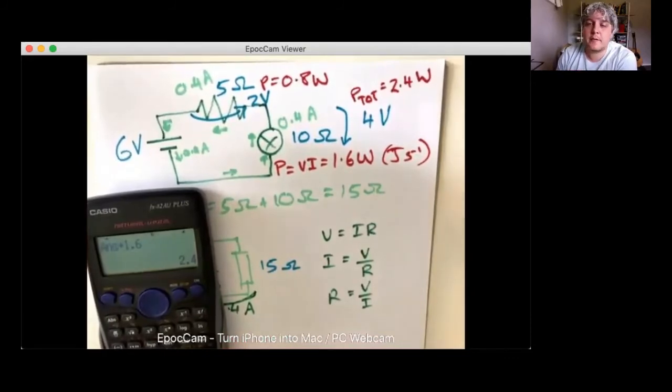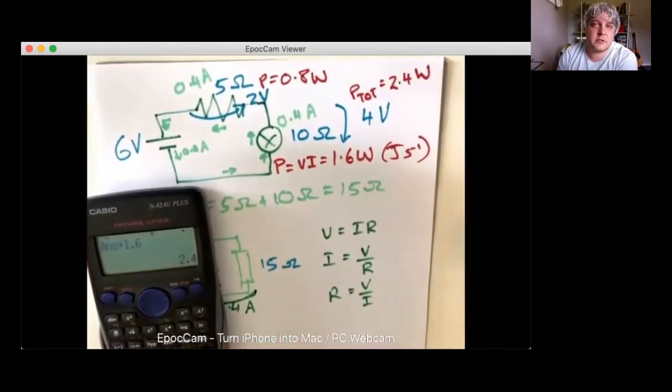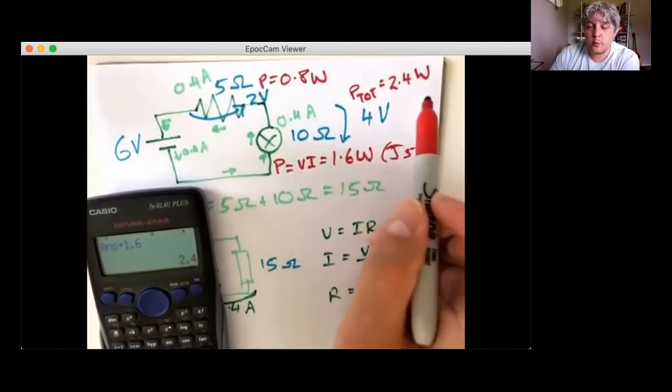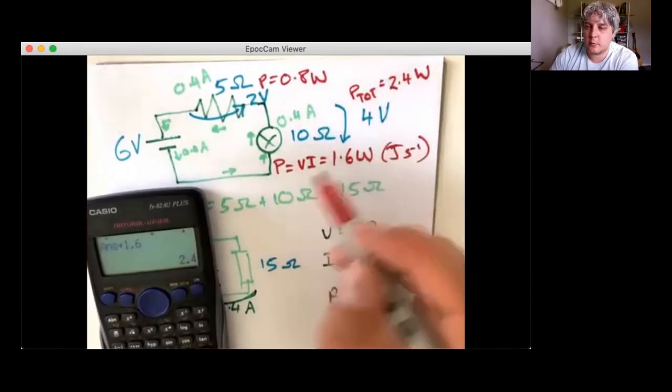So our total power dissipation from the circuit, power dissipation just means how much is being converted from electric potential to other things, being dissipated, lost to the environment, because light and heat are just lost to the environment. So power dissipation of 2.4 watts for the total circuit.